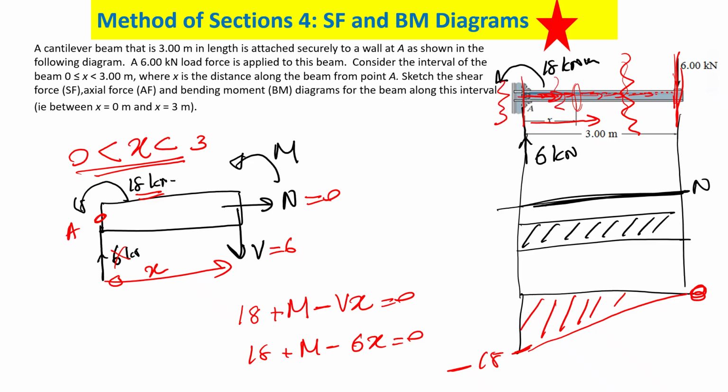So the graph we draw is for after we cut it, from 0 to 3. So when the X is 0, that means this point. X is 0 means this point. When the X is 0, you got negative 18. So this one is negative 18. When the X is 3, you got 0.